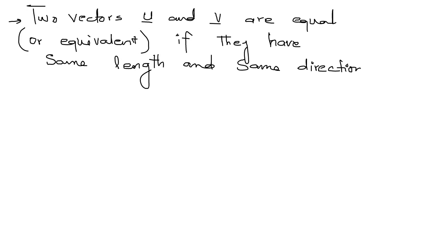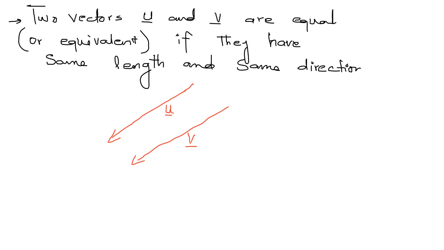Okay, for example, I say this is the vector 1, and this is the vector 2, this is u, and this is v. You can say they are equal vectors when the length of these two vectors is the same and the direction is the same.